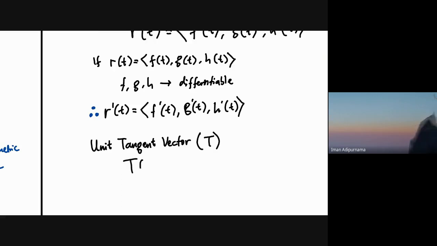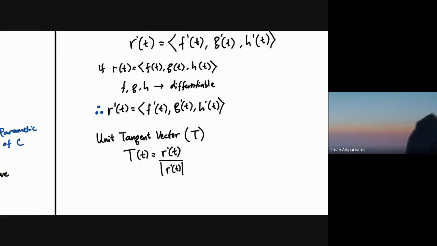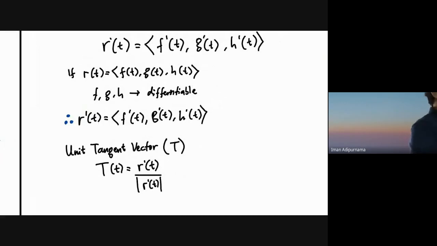So the capital T, based on vectors, is the r prime divided by the value of the r prime.